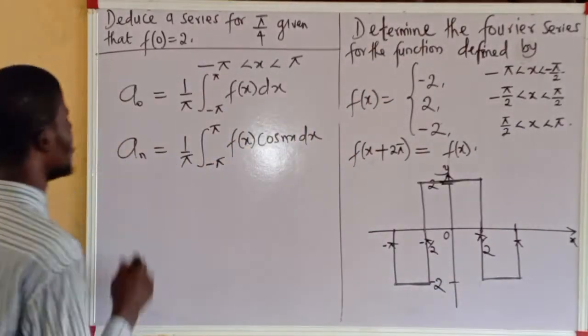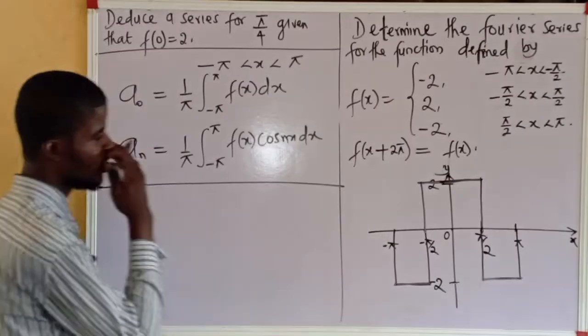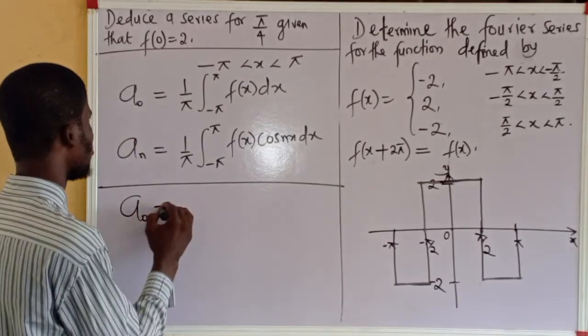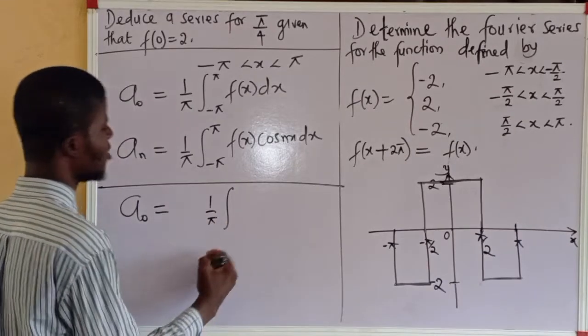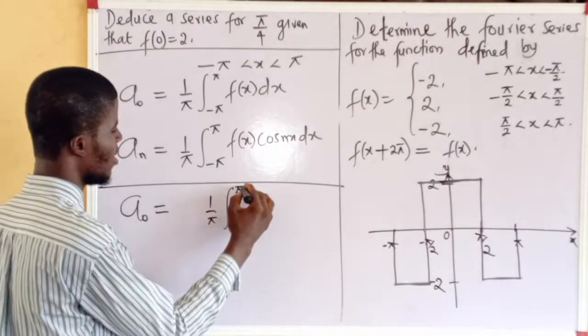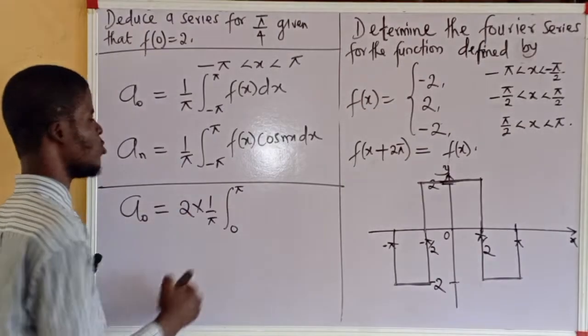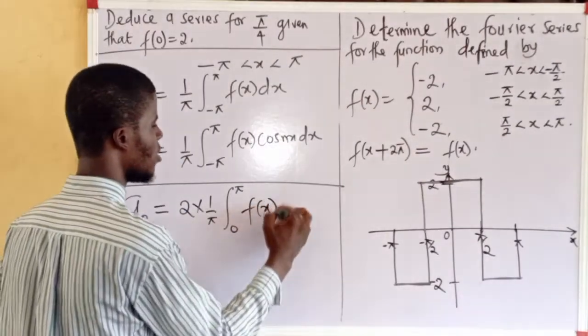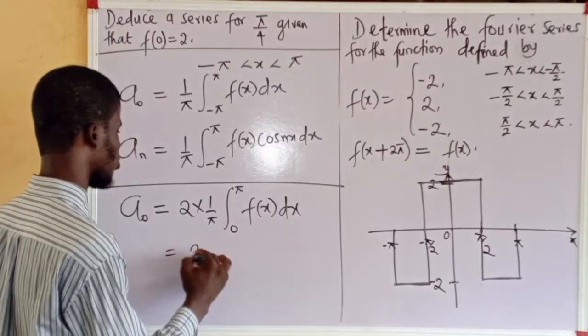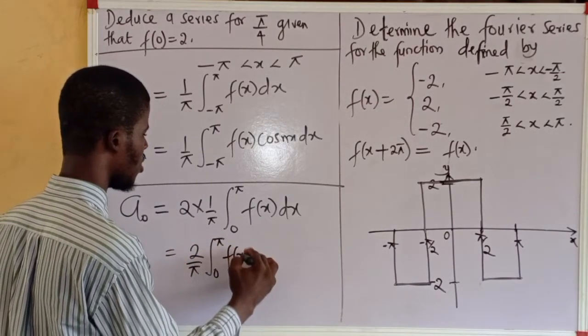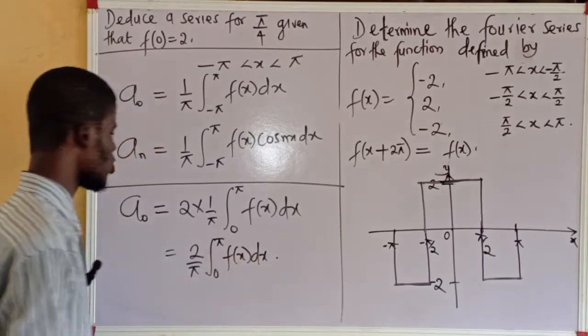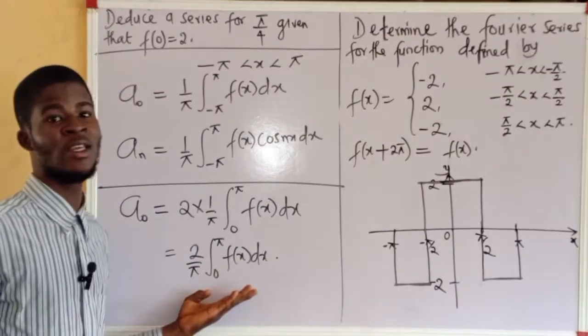So a naught is equal to 1 over pi, and if we are integrating from 0 to pi, we multiply this by 2, of f of x dx. This is 2 over pi times the integral from 0 to pi of f of x dx. So this is what we will use to determine a naught.